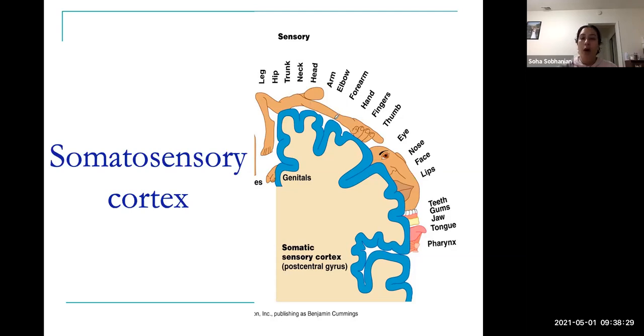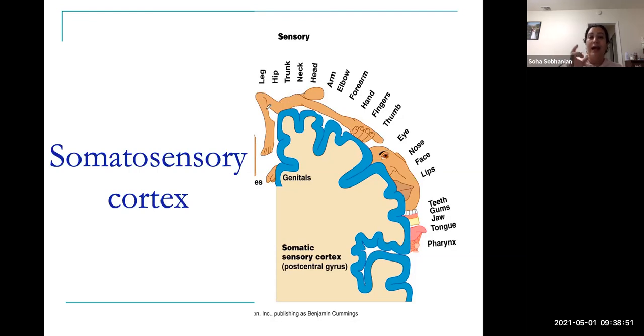Now, your arm, your trunk, which is the front and back of your body, your legs are relatively large parts of your body, but because there is not that much data being collected from them, you don't have a big part dedicated to receiving that data.